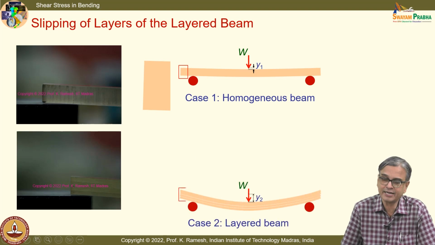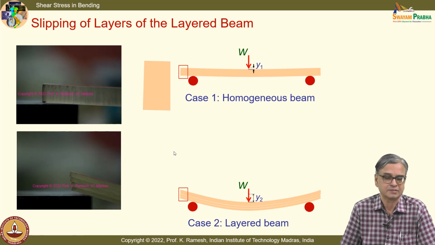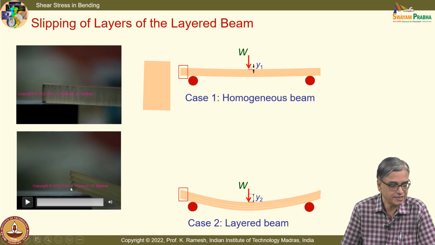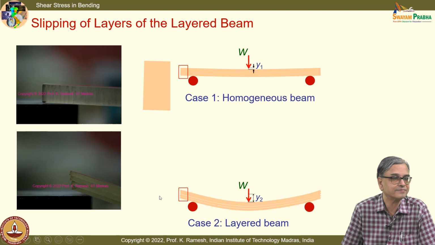Now I have a layered beam. Even here I only focus my attention on this and find out what happens. Okay. Can you see? There is something interesting happening. Did this edge remain straight? It does not remain straight.